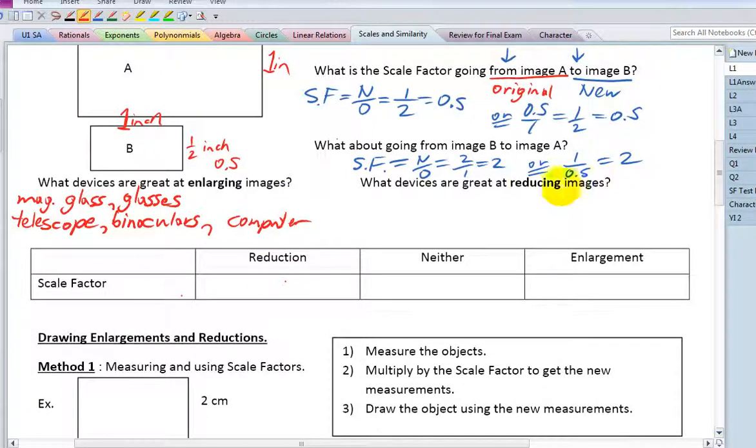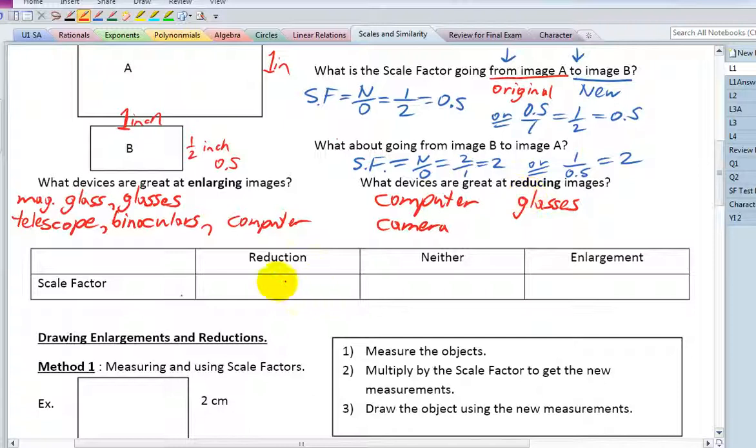Now, reducing, of course, would be computer again, we just talked about that, or printer, camera, binoculars, telescope. Glasses can do both. It depends on what type. Yeah, they all work that way.